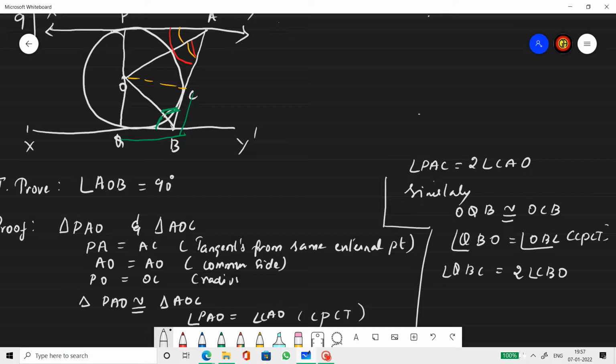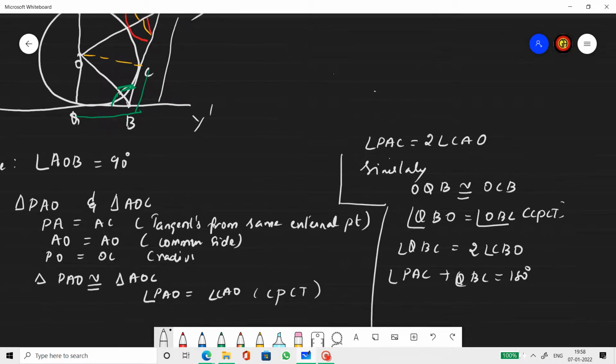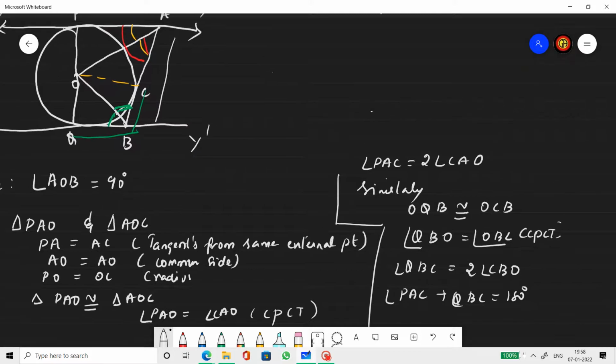Now since AB is a straight line, it always makes 180 degrees. So that means angle PAC plus angle QBC equals 180 degrees, because AB is a straight line.